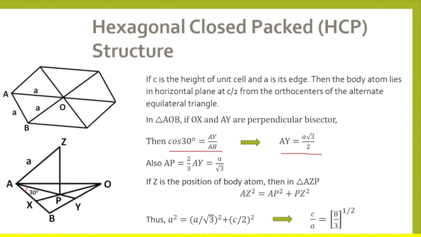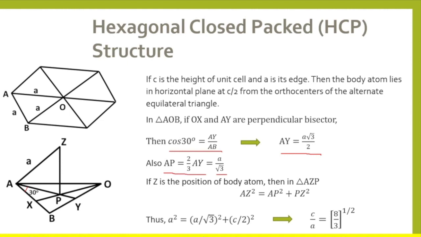Also, if the two bisectors are cutting each other, they cut each other in a way that one part is 2 by 3 and one part is 1 by 3 of the length of the bisector. So that is why AP is equal to 2 by 3 AY, which is equal to a by root 3.